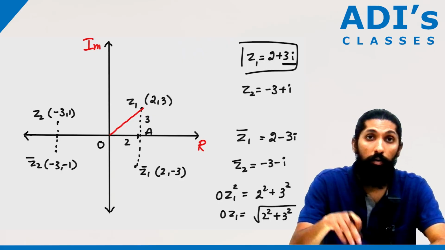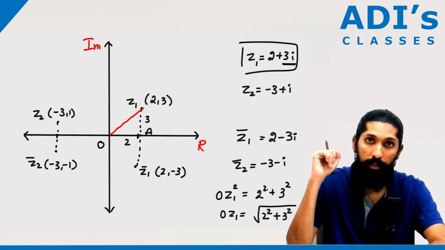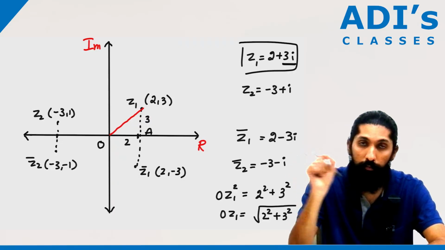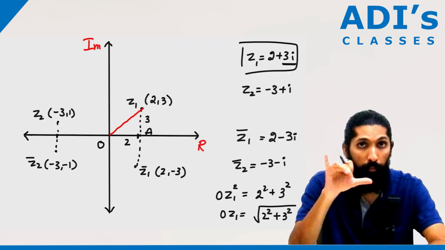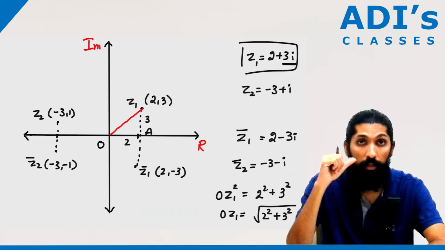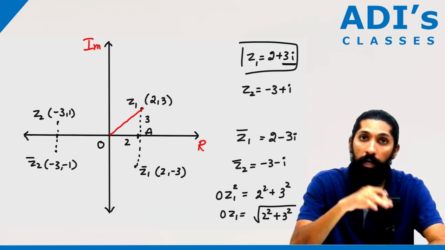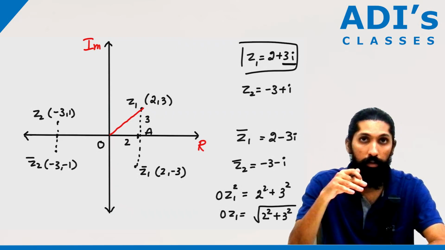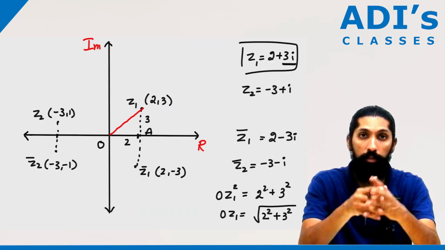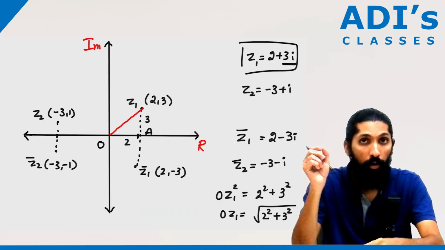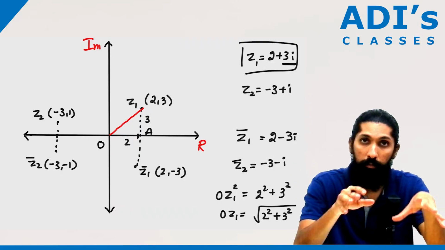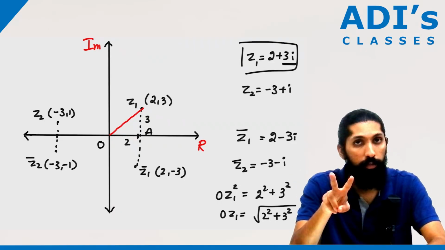Now what do you understand? Modulus is nothing but the distance of the point, whatever point you have, from the origin. That gives you the modulus of the complex number, correct? That means in general, if you have z is equal to a plus ib, then the modulus will be root of a square plus b square. That's nothing but the distance of the point from the origin. So two important things.